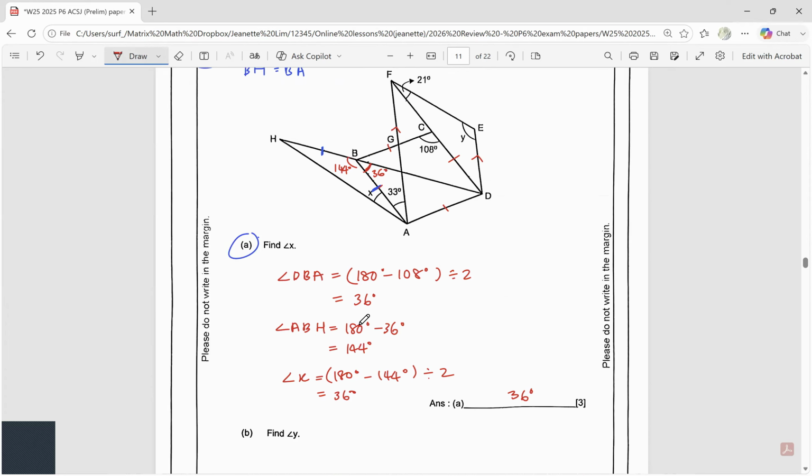Now for part B, find angle Y. Angle Y is over here. Okay, so we know that you have parallel lines because of the rhombus, right? This, and so I should double line it. I mean, double arrow it.